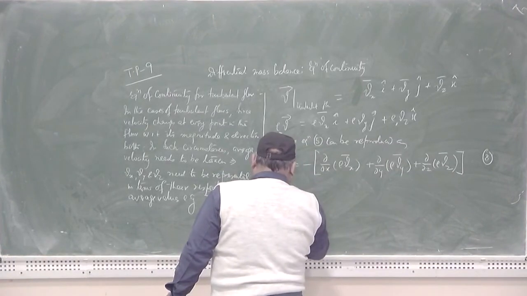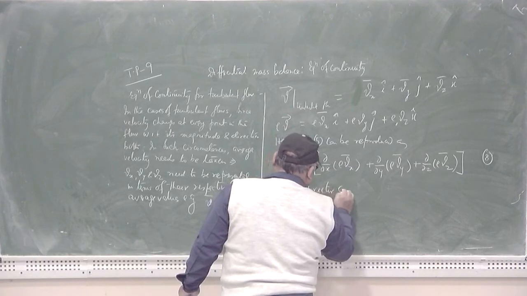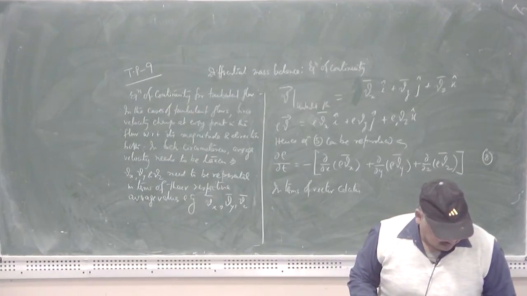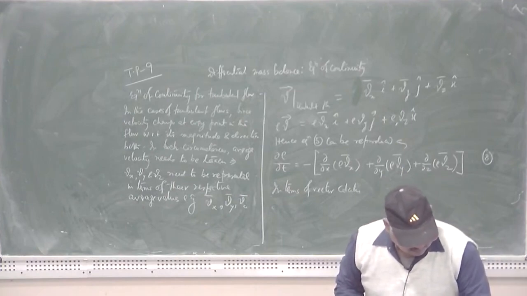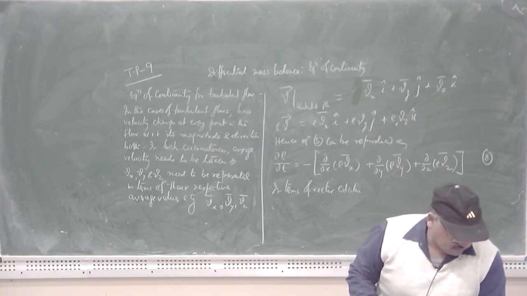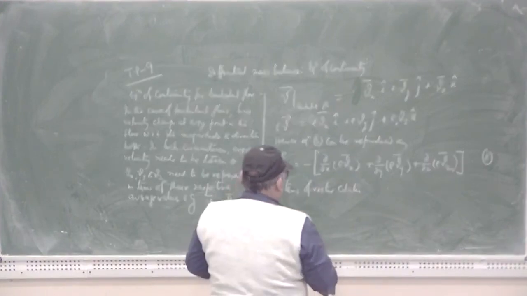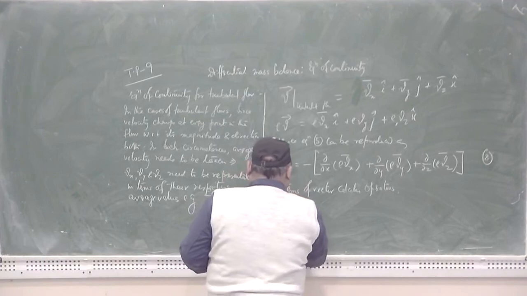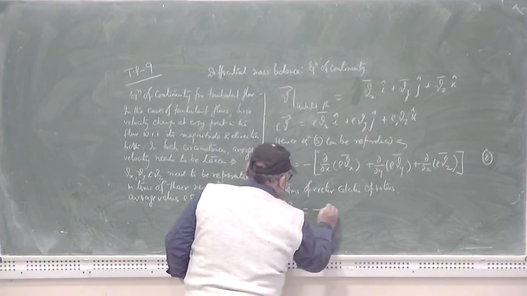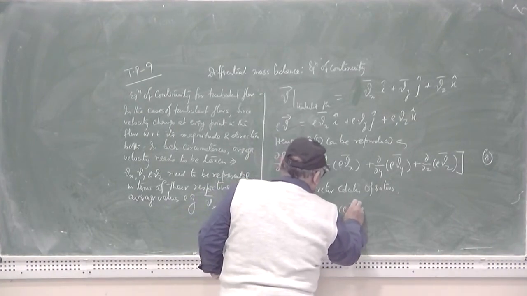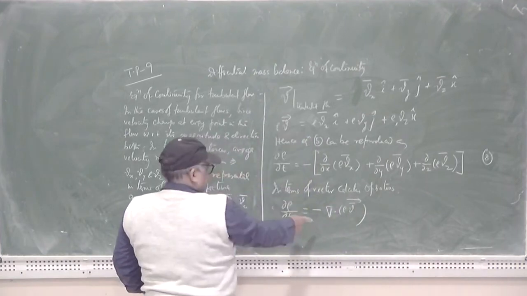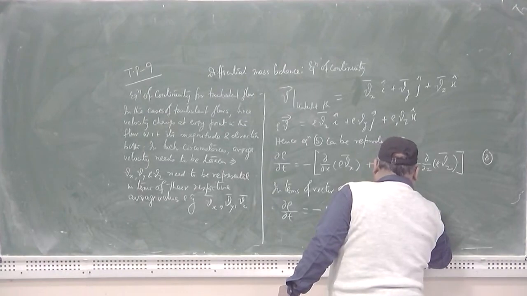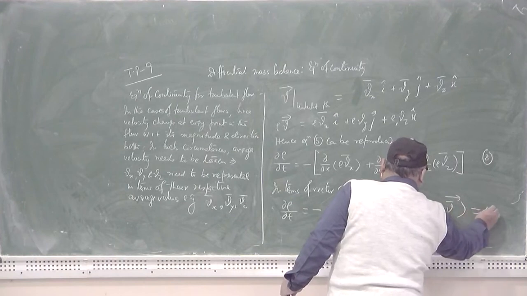In terms of vector calculus operators, this equation may be represented as del rho by del t equal to minus del dot rho v bar vector, or del rho by del t plus del dot rho average v vector, that should be equal to 0.